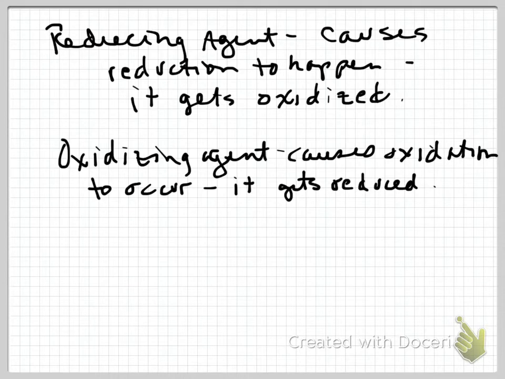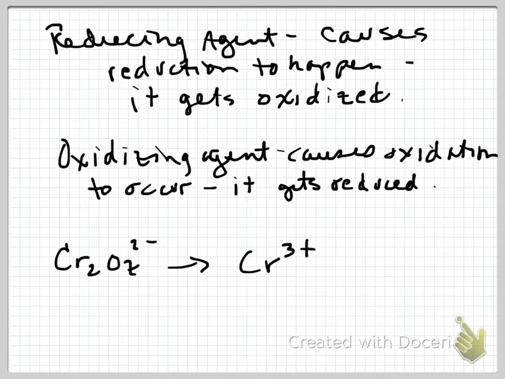Okay, so in the last example that we used, the chromium, the dichromate ion was getting reduced. So this is the oxidizing agent.